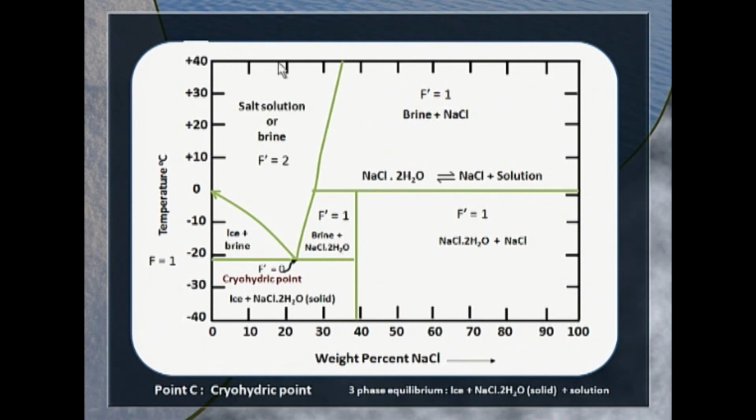Regions can be easily recognized. This is the bivariate region in which we have salt solution or the brine, a homogeneous system, and here you have a univariant system in which we have ice crystals that have been formed in equilibrium with the solution. On this side you will see an almost vertical line.